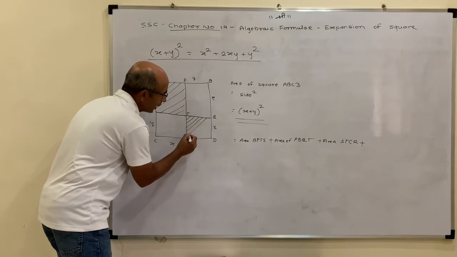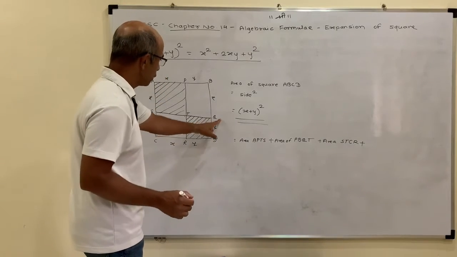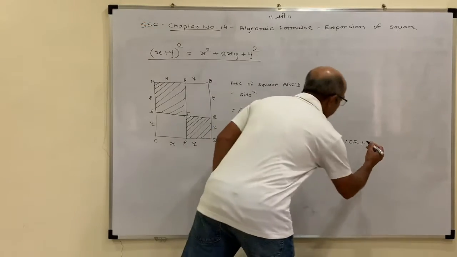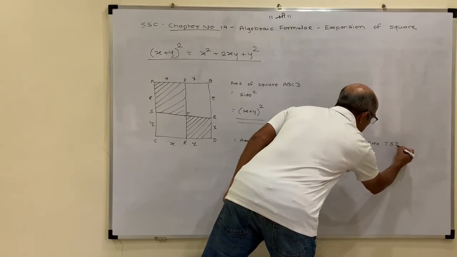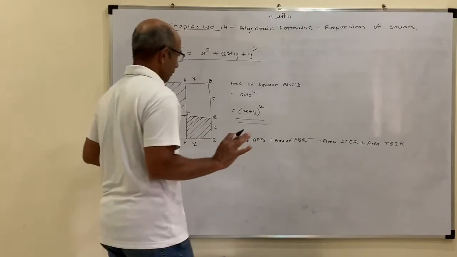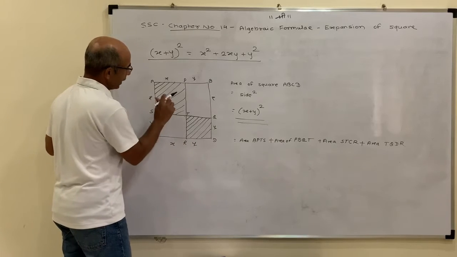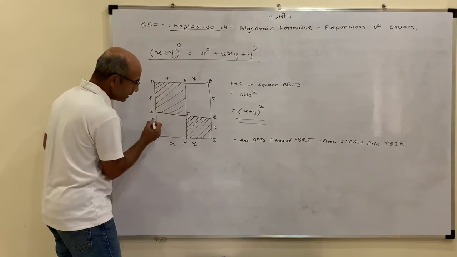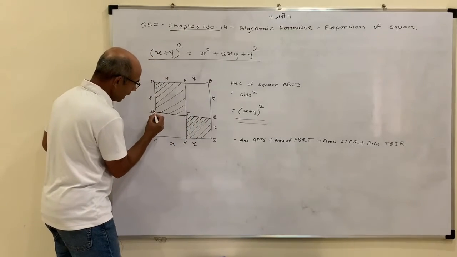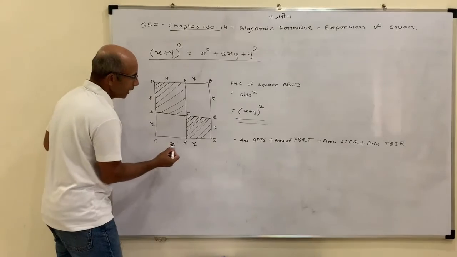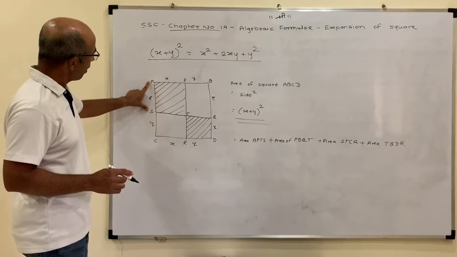So area of ABCD is equal to area of APTS, PBQT, STRC, and TQDR.